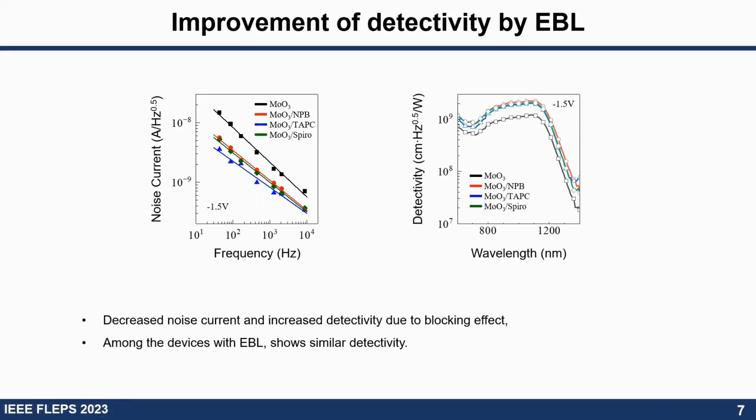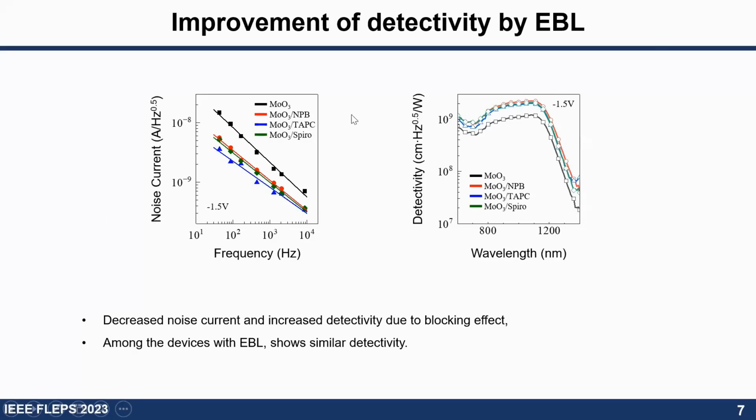To analyze the detectivity, we measured the noise current of each device. In the same way as the previous result, the devices with electron blocking layers show similar noise current, but the noise current of the device without electron blocking layer shows a higher value than the other devices.